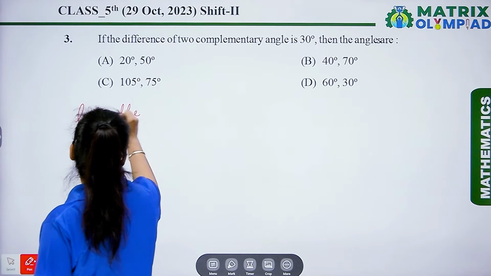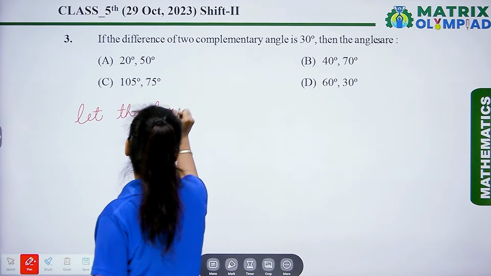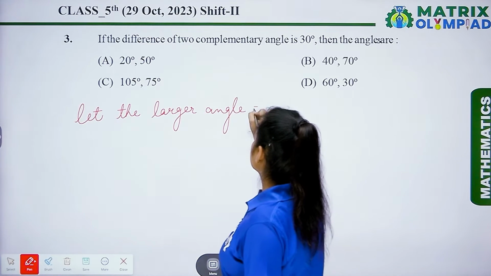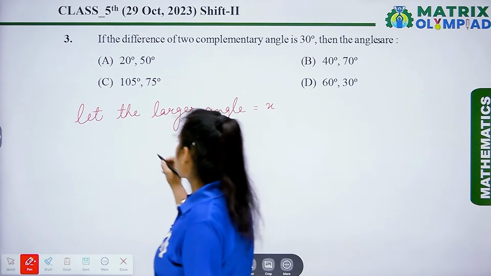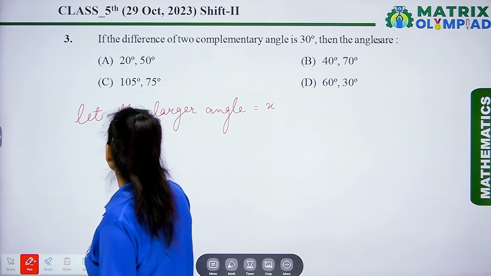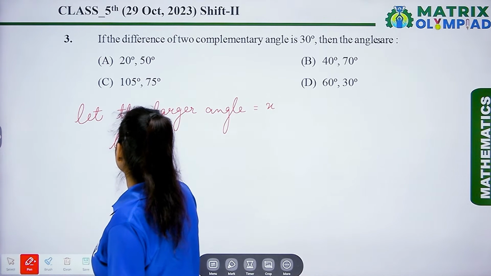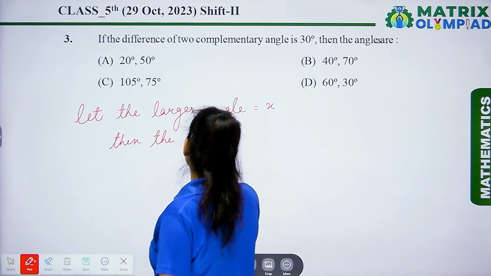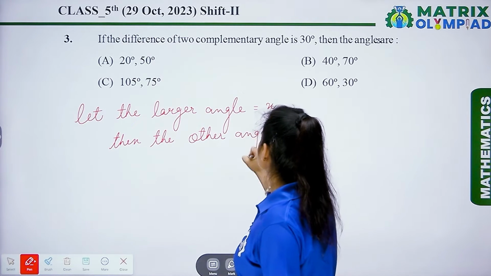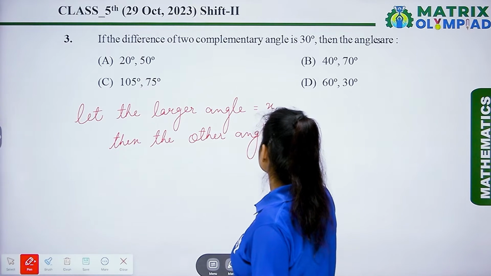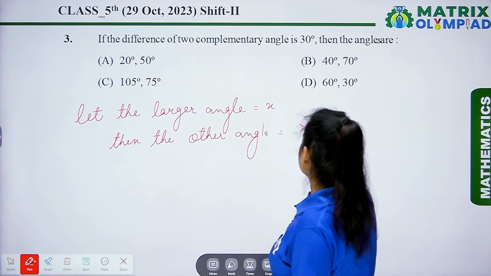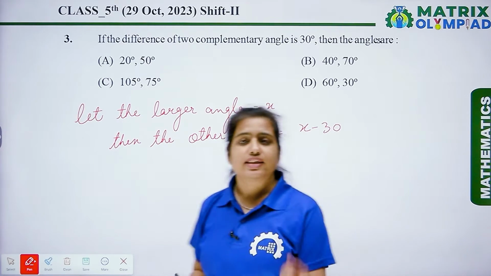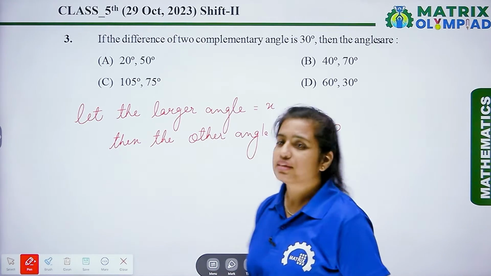Let the larger angle be x, then the other angle is x minus 30. So, first angle is x and the next angle is x minus 30.